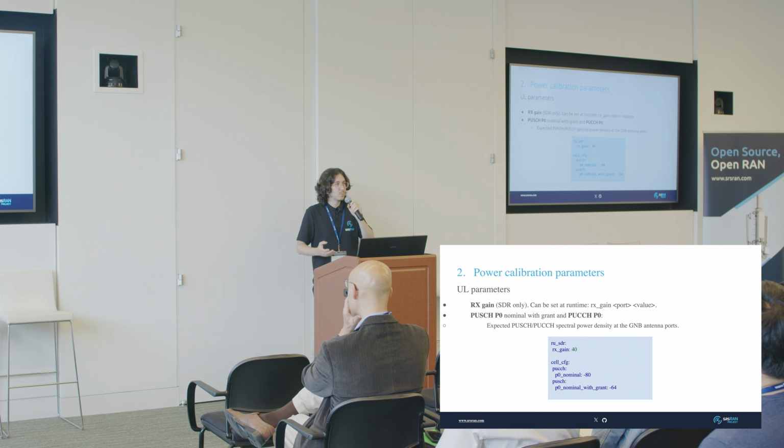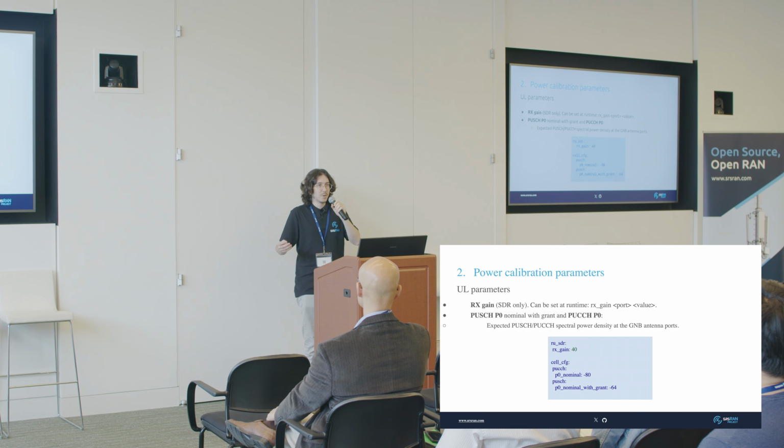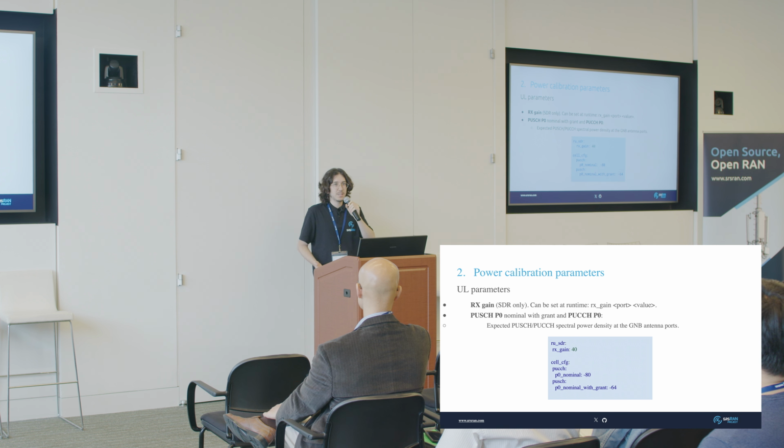The reason why we do this is because, of course, it could be that in a gNB, in a specific cell, we have many UEs transmitting uplink in different allocations. And we don't care about the individual power of each UE. What we really care about is that the sum of all the signals doesn't saturate the receiver.